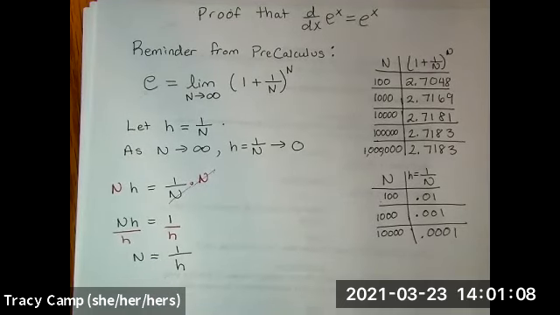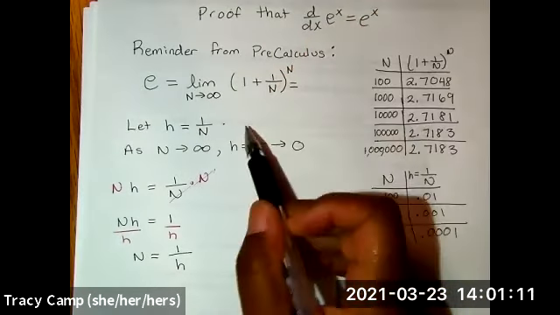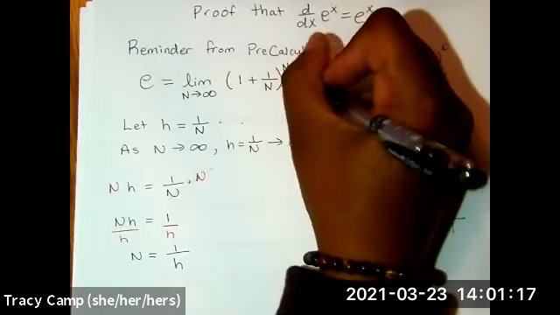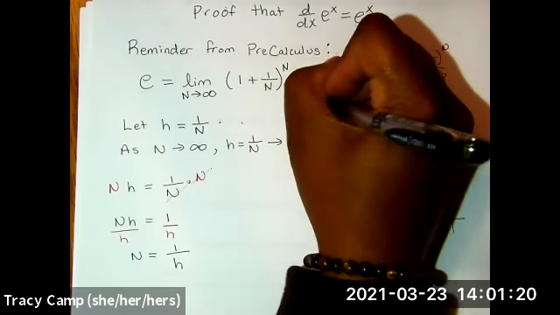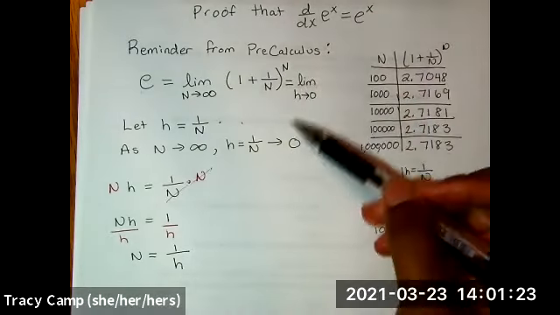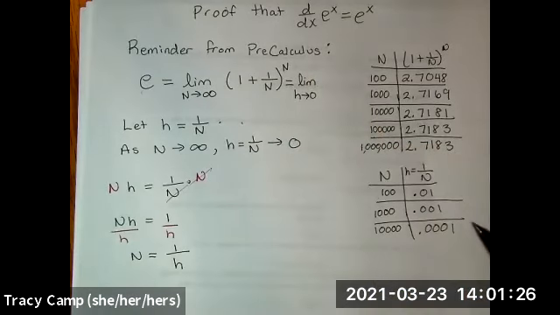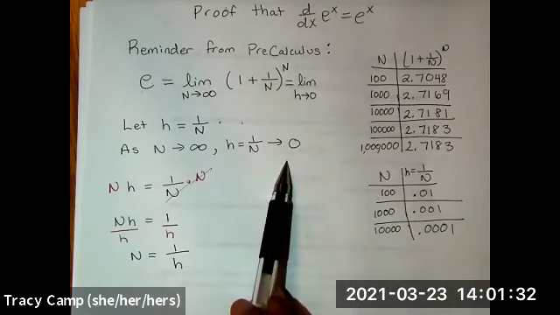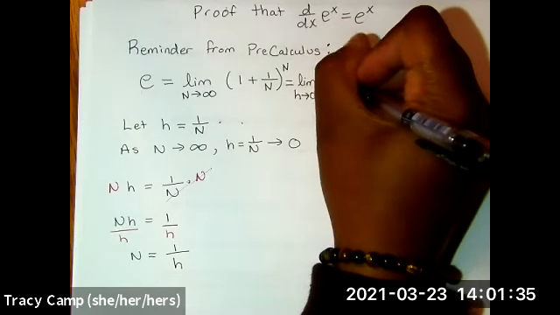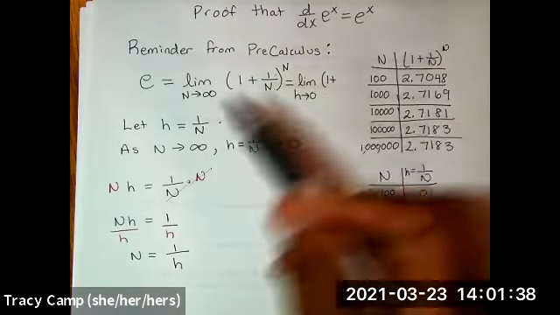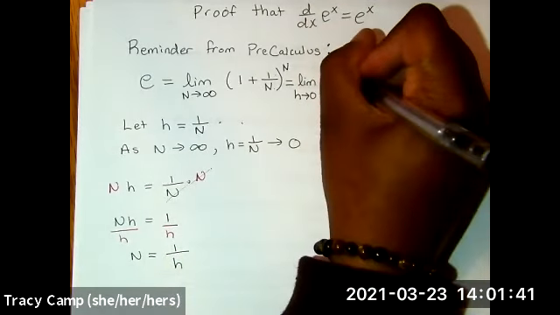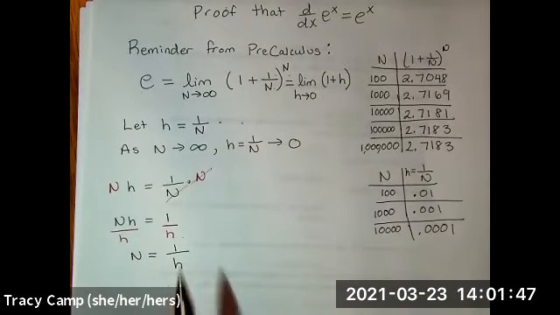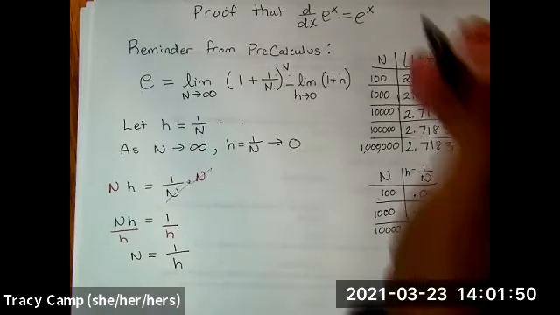Because of that, I can go back up to this definition and write it differently. I can say that this is the same thing as the limit as h approaches 0, because as n approaches infinity, h approaches 0, of 1 plus h, raised to the power of n.